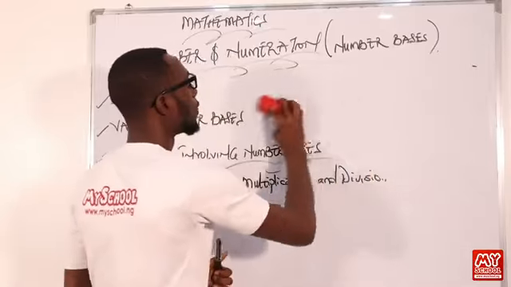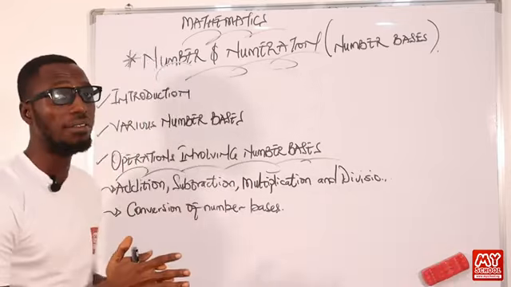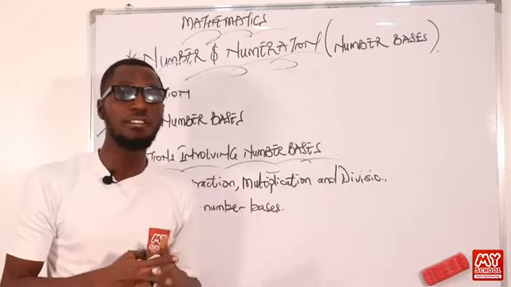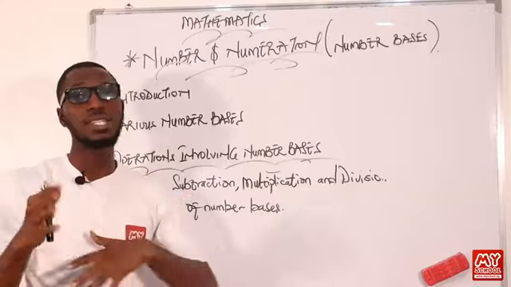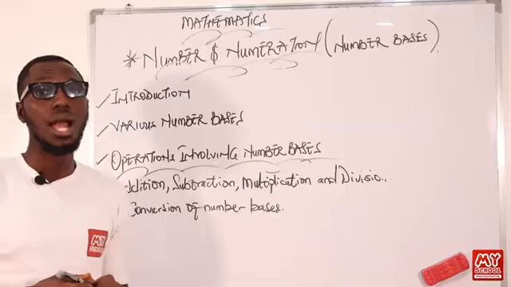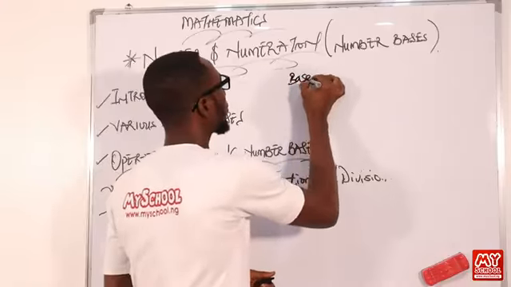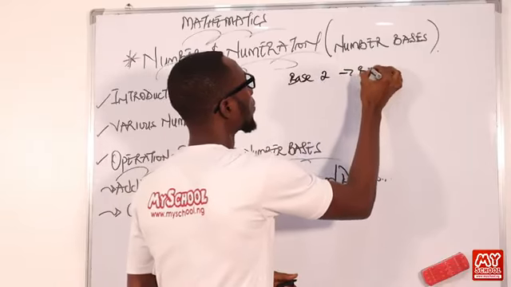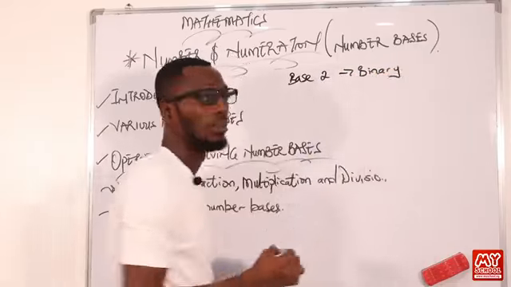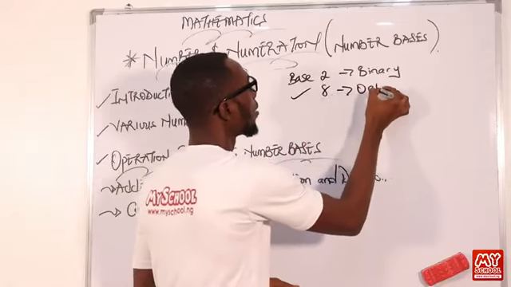So let's go into the various number bases that we have. I've just mentioned them. We have base 2, base 3, base 4, 5, 6, 7, 8, and what have you. Base 2 you can refer to as your binary system. Your base 8 is your octal.